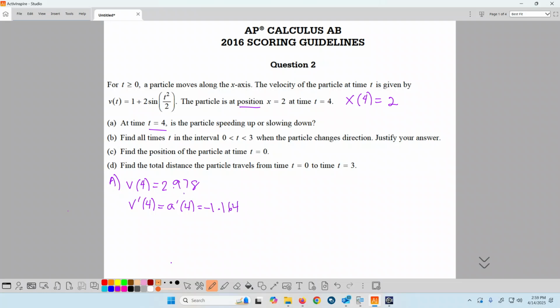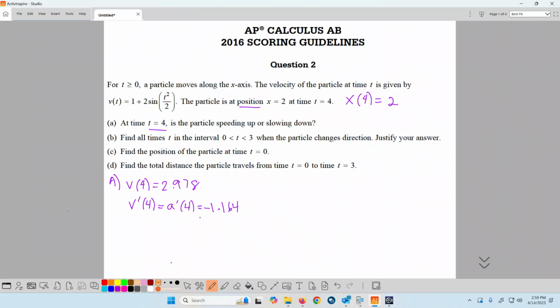Now, the particle speeds up when these things have the same sign, and right now I'm looking at them, and they have different signs. So the question is the particle speeding up or slowing down at t equals 4? Let me summarize here and say the particle is slowing down at t equals 4 because v of 4 is greater than 0 and v prime of 4 is less than 0.